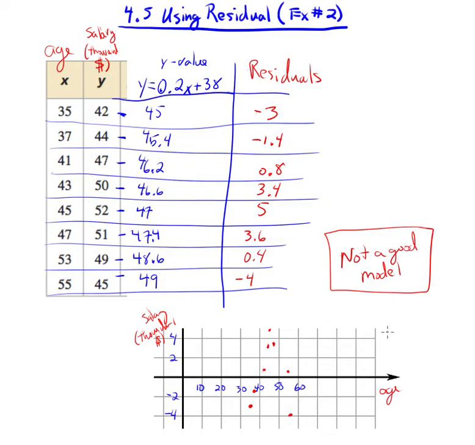So a different model would fit it, maybe exponential or quadratic or a square root function, something else that we'll be learning about later. The main thing is that this is not a good model because the residuals are not evenly split above and below the axis, and they make a different shape.